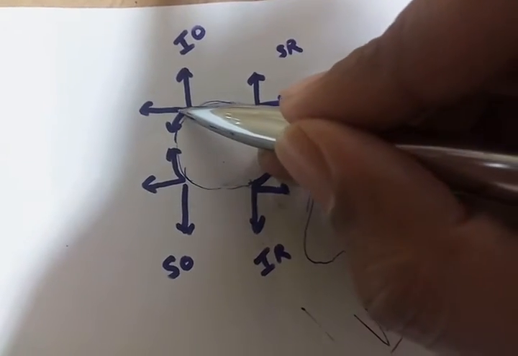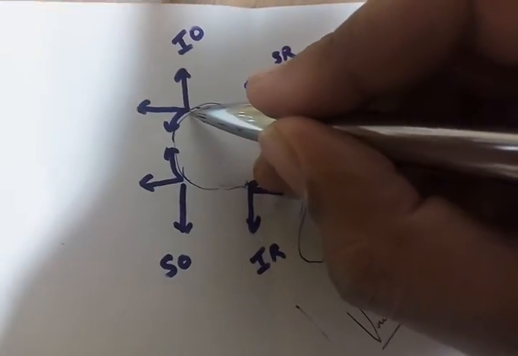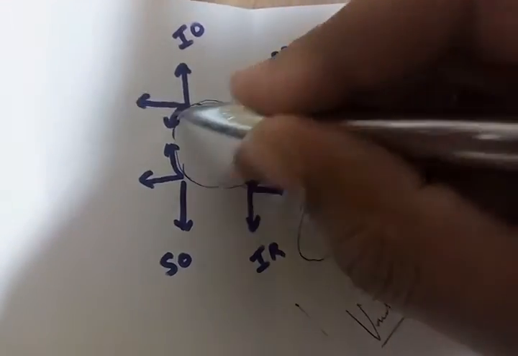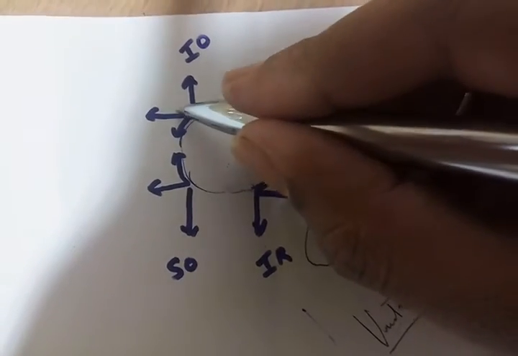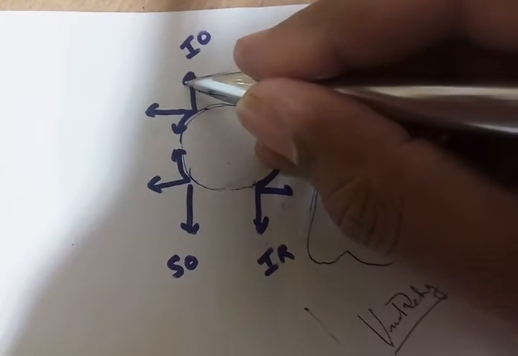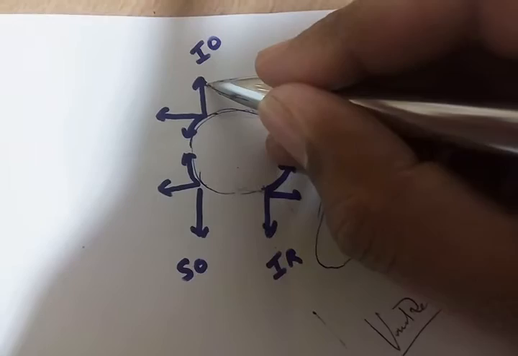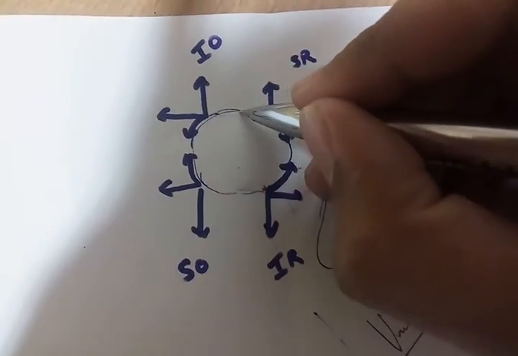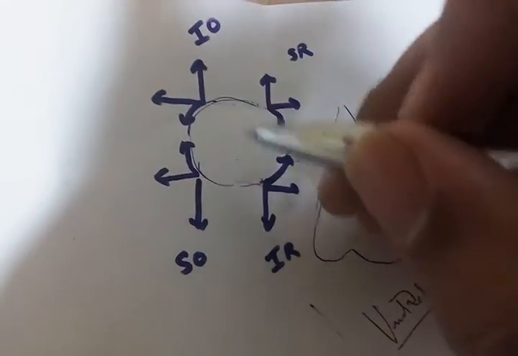So this becomes a better extortor on abduction, but on adduction the vector is on this side, so the action would be going towards the elevation side. So this inferior oblique becomes an elevator in adduction and a better extortor in abduction.